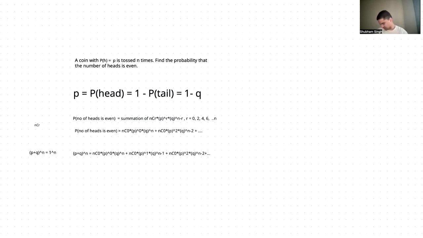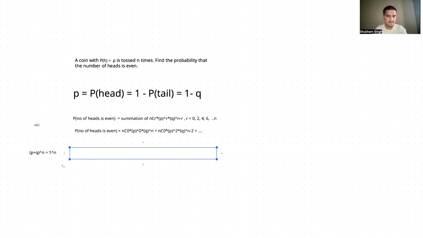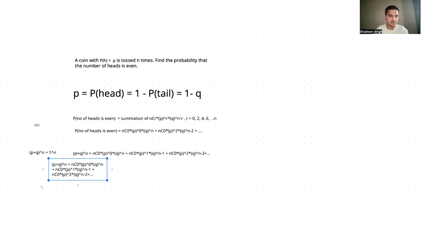and we also have something like q minus p raised to n.